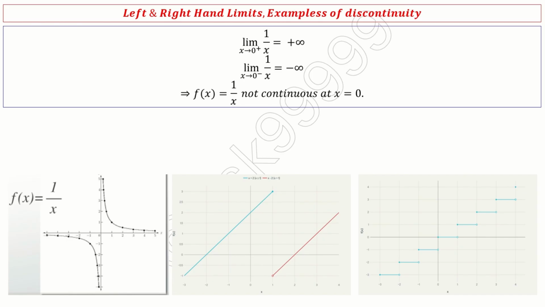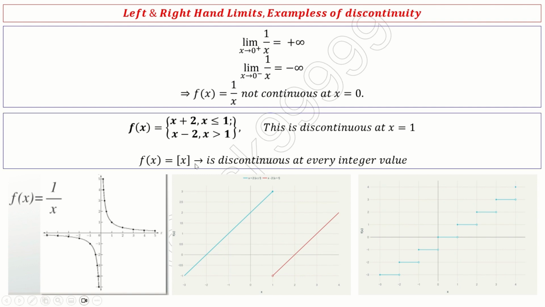Now the second one, look at this: f of x equal to x plus 2 for x less than or equal to 1, and f of x equal to x minus 2 for x greater than 1. If you individually see, this is an equation of a line, correct? So this is continuous in its domain, that is x less than or equal to 1. X minus 2 is also continuous for x greater than 1.